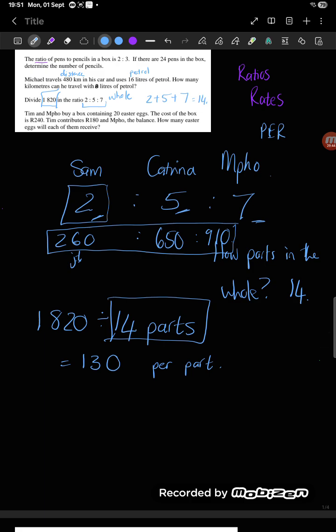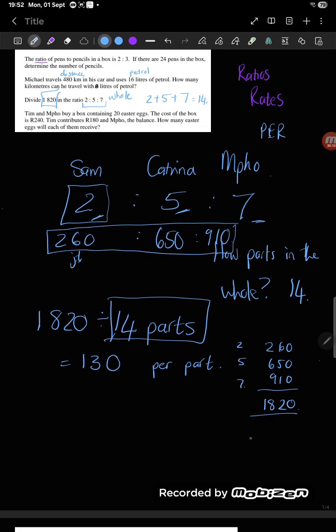So when I add the numbers up again, 260, 650, 910, I'm going to get 1820. Okay, means I divided them up into 2 parts, 5 parts, and 7 parts.